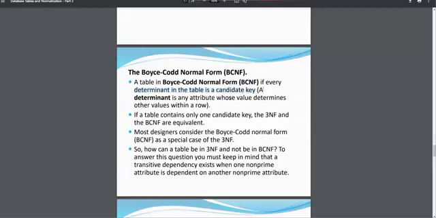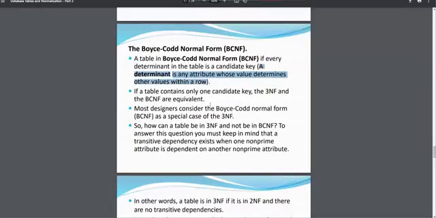This is very important. What is a determinant? A determinant is any attribute whose value determines other values within a row. Then we can have an example and you would be able to understand this concept properly. First of all, we will go through these theories.